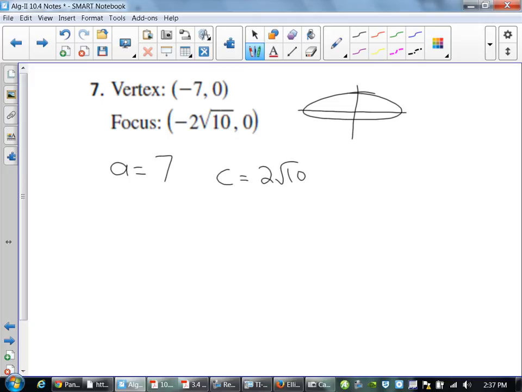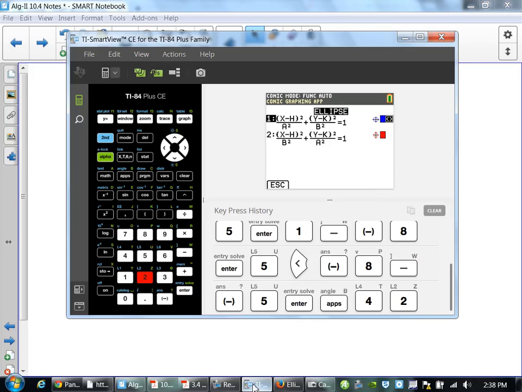So I need to figure out A squared, well, that's easy. That's 49. C squared. When you do this on your calculator, you have to type it like that and square it. It's not negative if you put parentheses in the wrong spot.